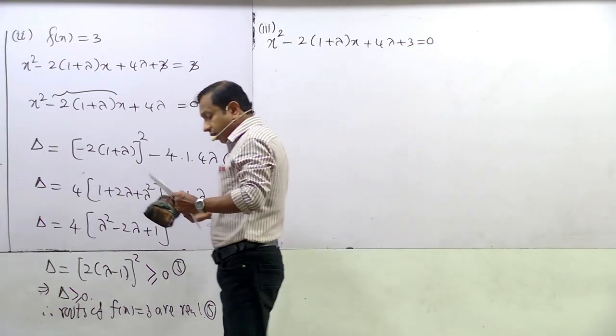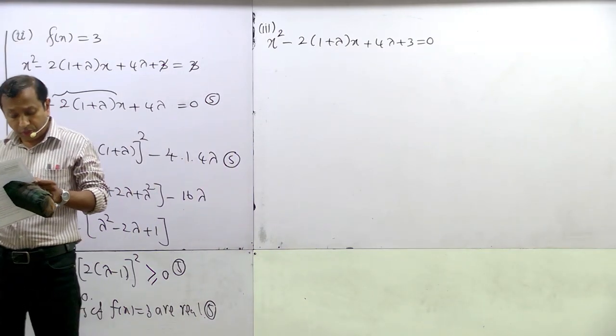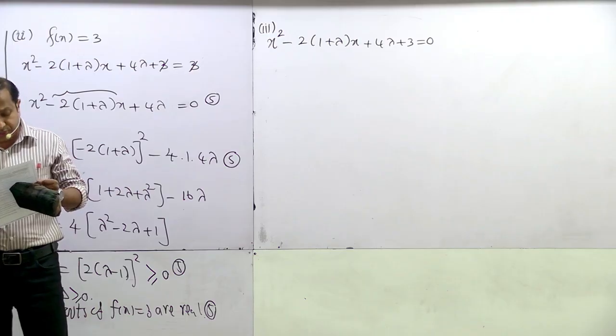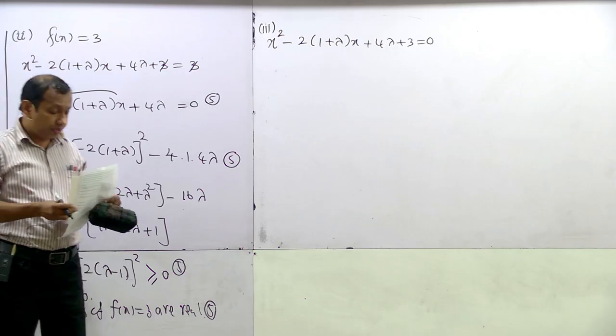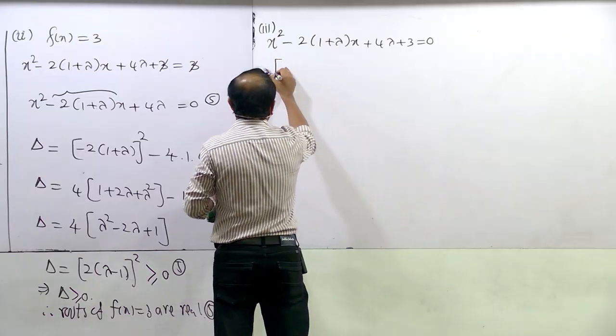For coincident roots, you know, delta should be 0.